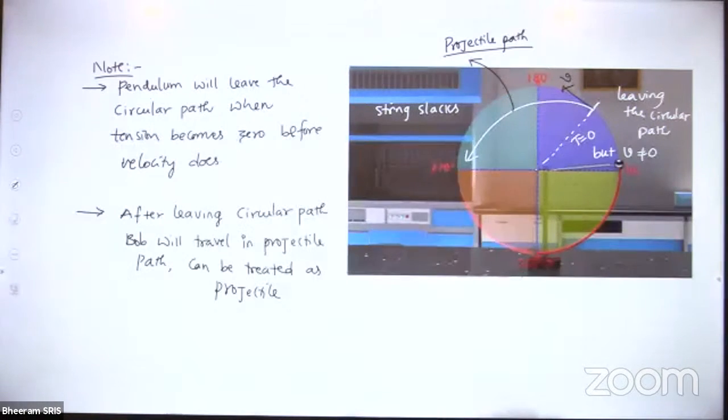And you can copy this one. You can copy the diagram and string. Of course you cannot show that motion of the bob.